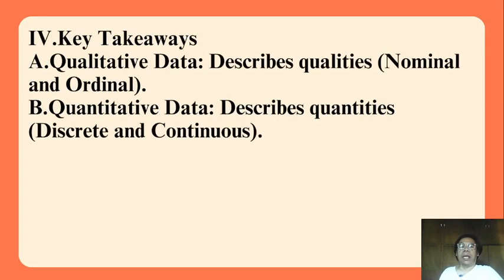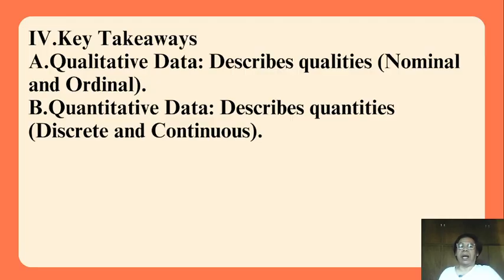And our key takeaways. Qualitative data describes qualities, and there are two kinds of data which are nominal and ordinal. The second type of data is quantitative, and this describes quantities. And there are two types, discrete and continuous.